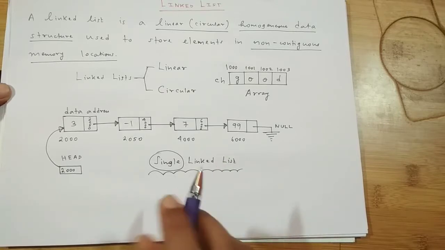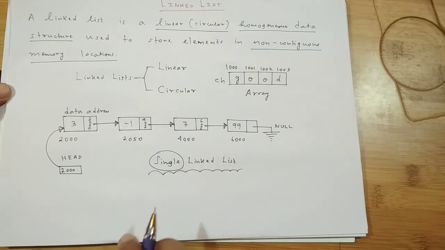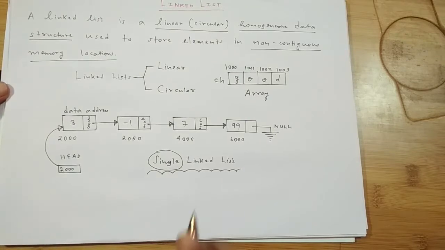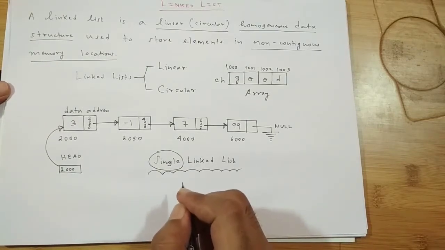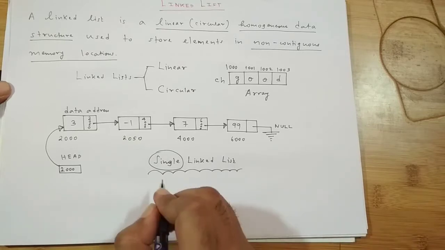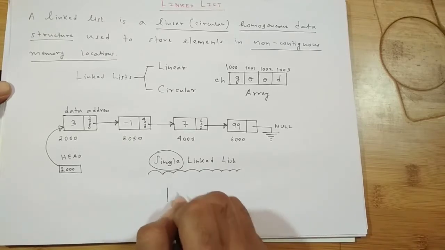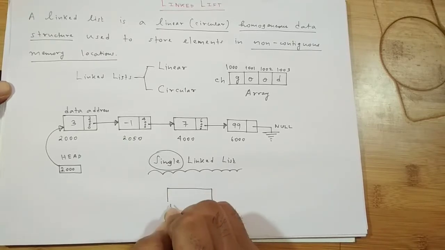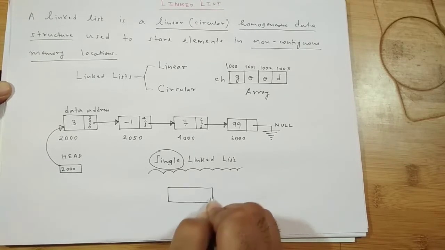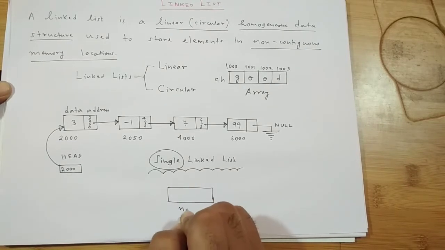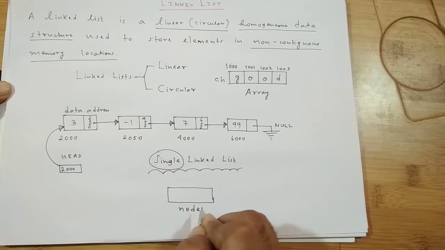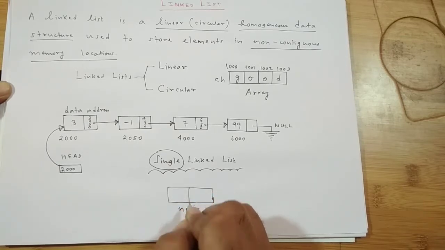Okay. And remember, the primary component responsible for building our linked list is called a node. Using multiple nodes, we build our linked lists, and a node will have 2 parts to it.